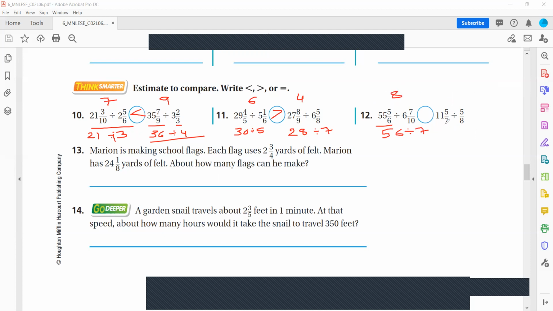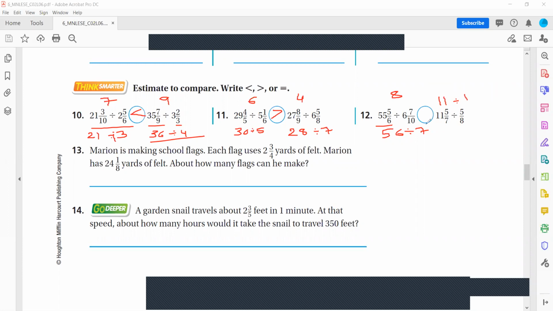And this one, 11.5 is like 11 or... Okay, 11 divided by... I can take 8 over 5 as, even if I take... I get 11 divided by 1.